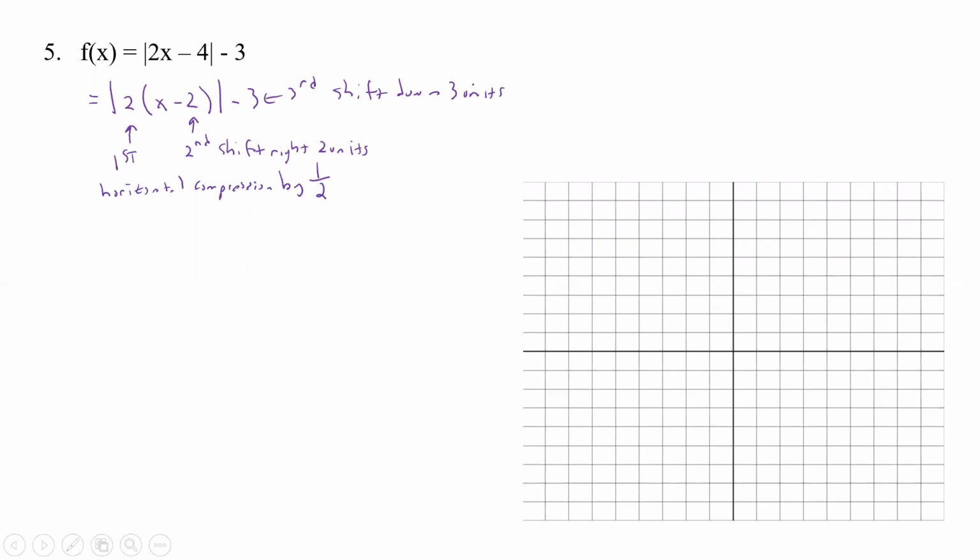Okay. And so those are all going to be the things I have to do. And again, I need to start with my original absolute value to kind of make all the pieces go together if I don't want to just maybe make a table and then after that plot points.